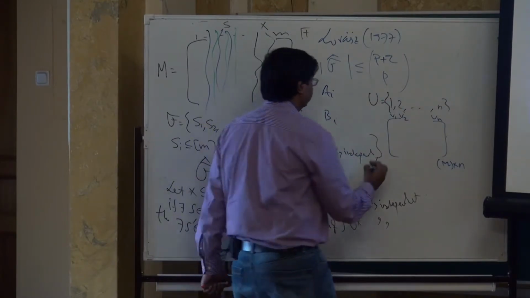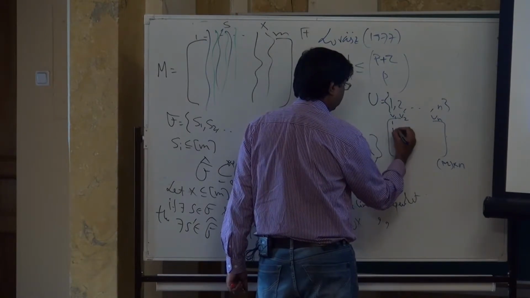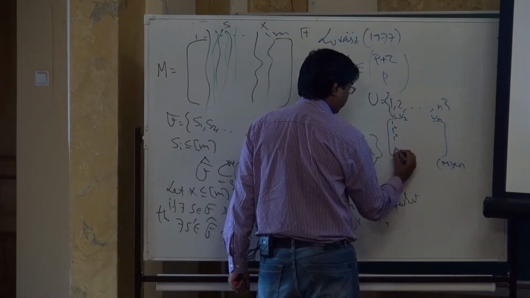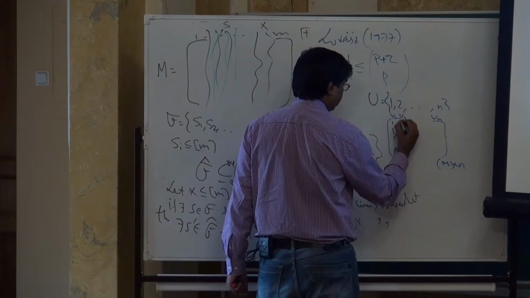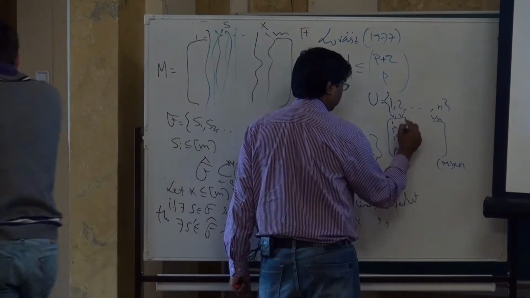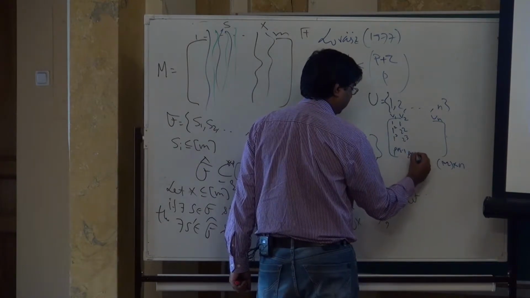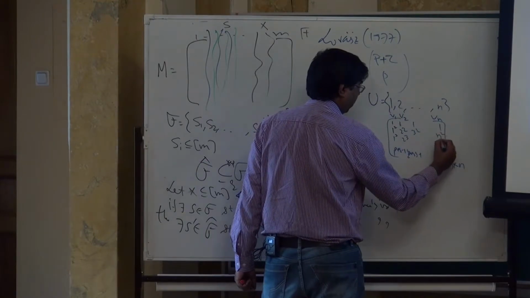And what is this? The columns are 1, 1 square, 1 cube, up to 1 to the power P plus Q minus 1; then 2, 2 square, 2 cube, up to 2 to the power P plus Q minus 1; then 3, 3 square, and so on, up to n.